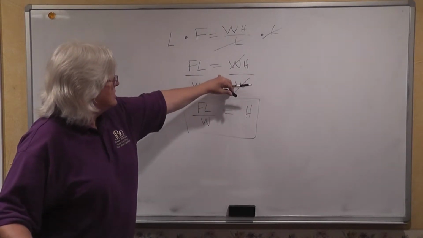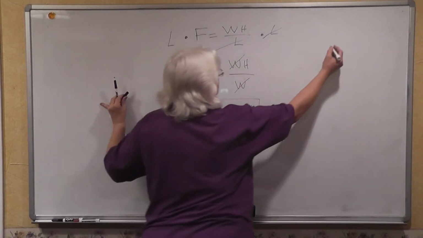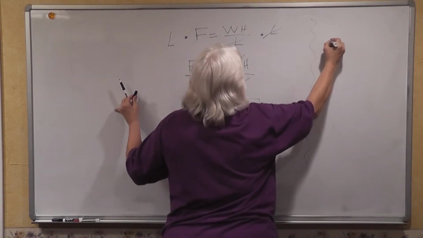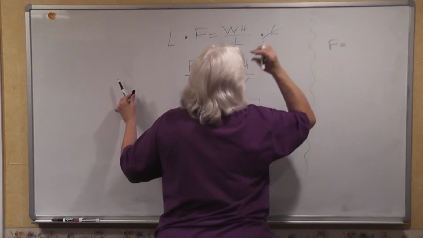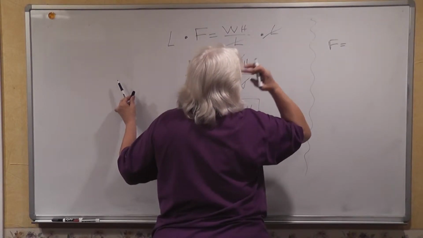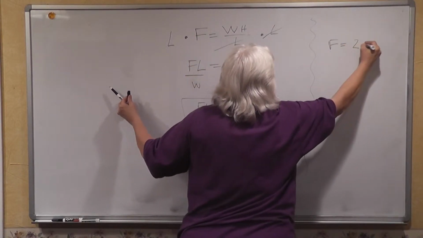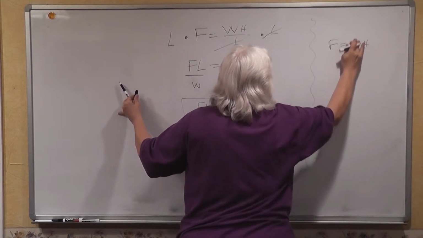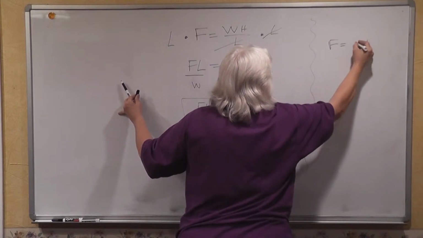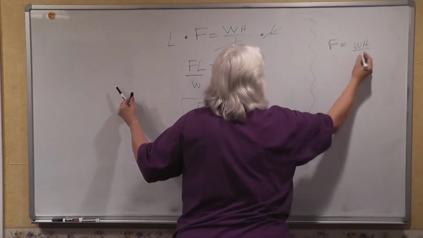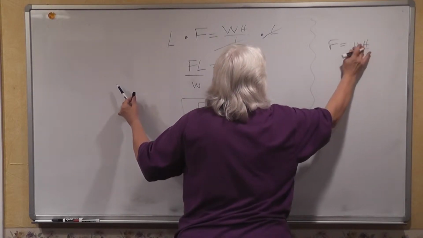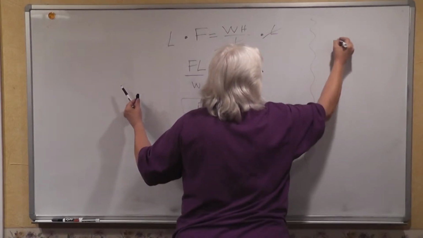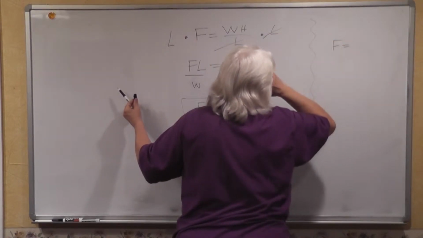Let me change this example just a little bit and say that F is equal to 2H over L. Sometimes when I think on the fly it works well and sometimes it doesn't work so well.